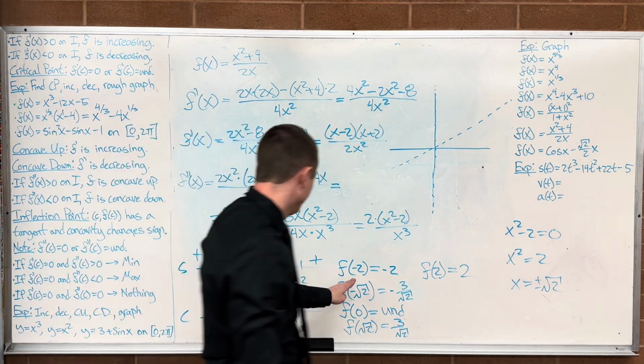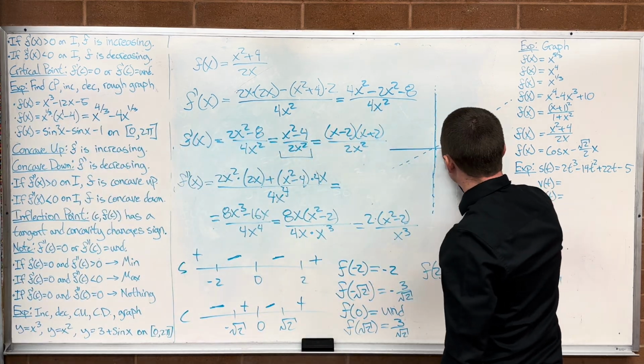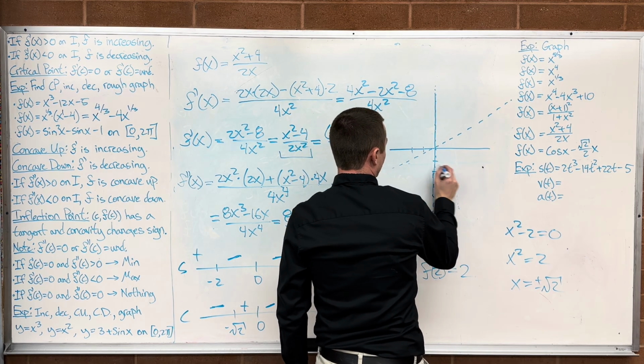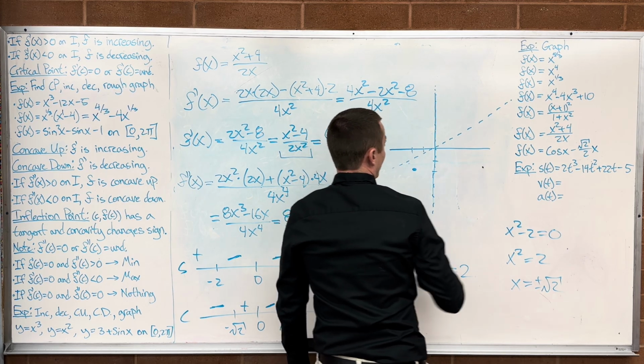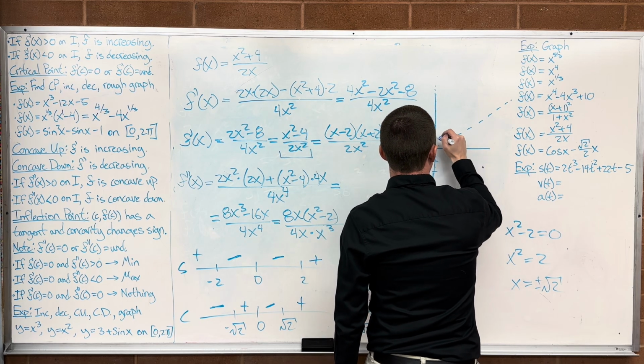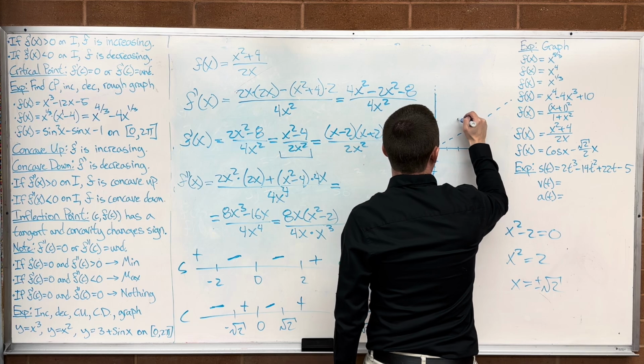So, there we go. Negative 2 over here at negative 2. We go down to negative 2. Over here at positive 2, we go right here.